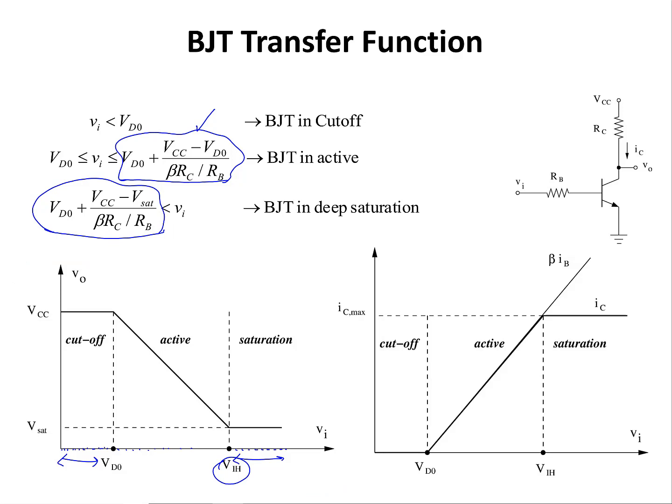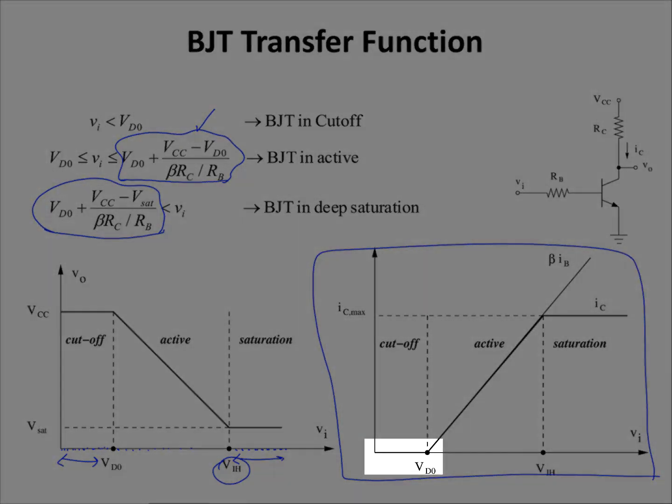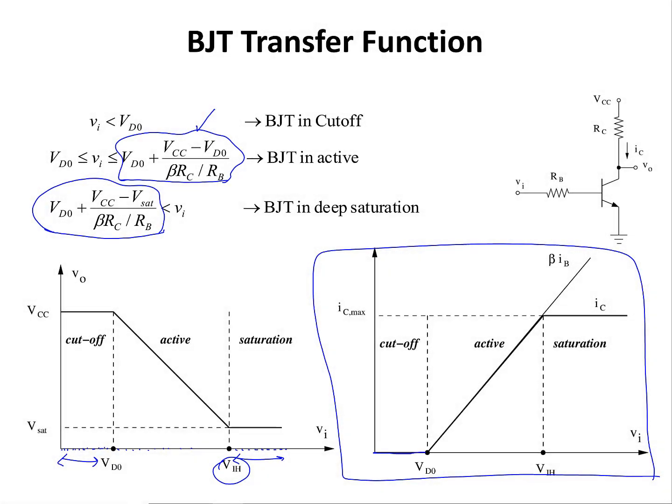We can also draw the graph of IC, collector current, versus VI. And if you do that, for VI values between 0 and VD0, the BJT is in cutoff mode. As a result, IC is equal to 0. When VI increases from VD0 and the value of VI is below VHigh in this range, the transistor is going to be in the active region.